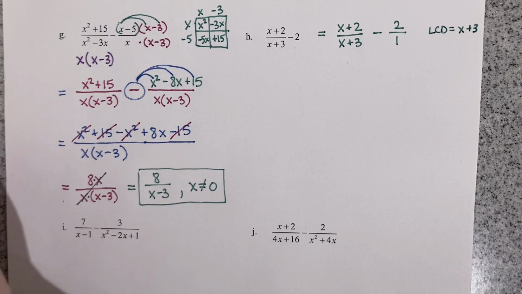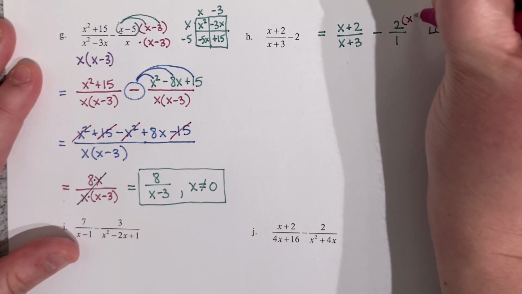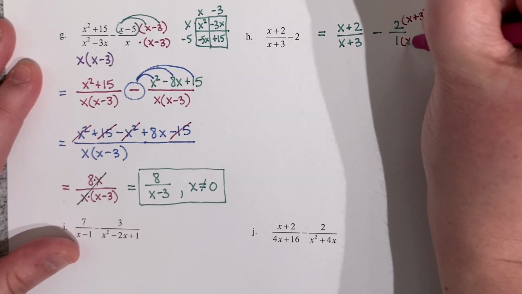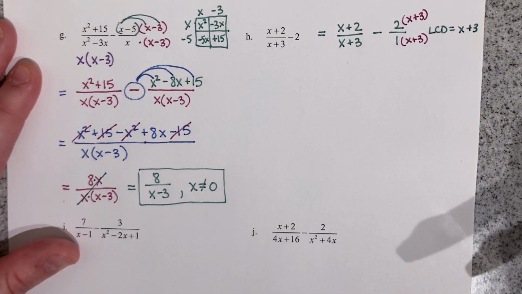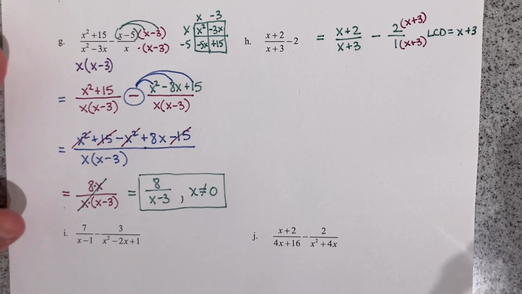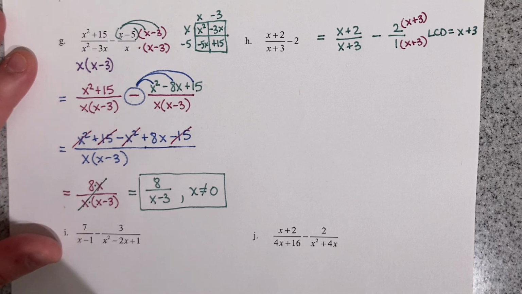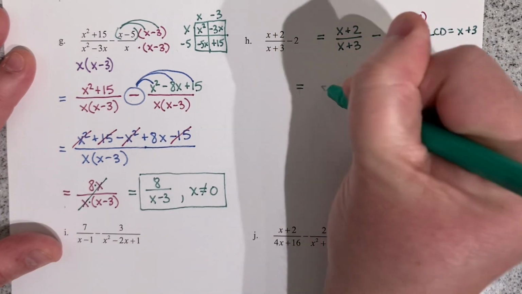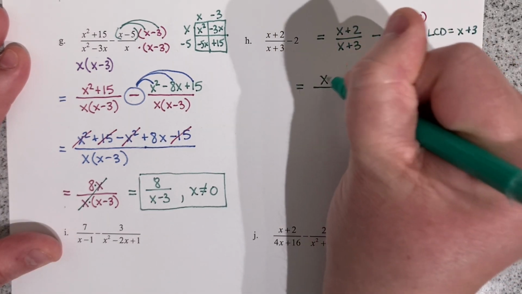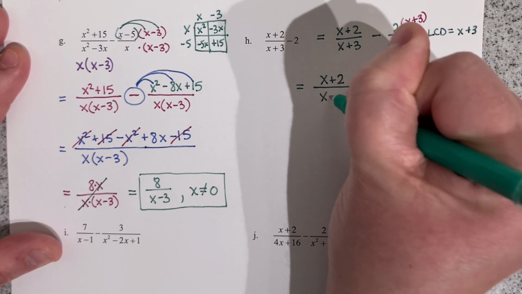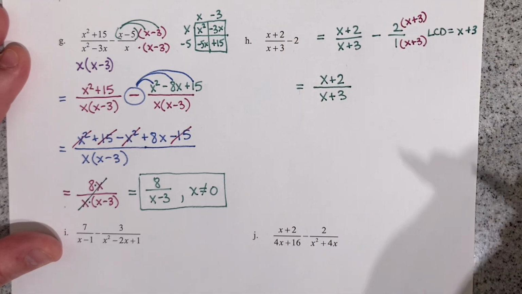So I need to multiply the first fraction by x plus 3 on the top and the bottom. All right, let's do it. So first fraction just stays x plus 2 over x plus 3.